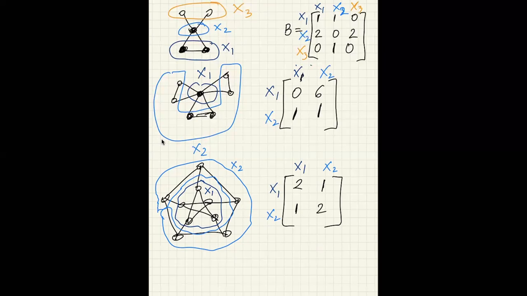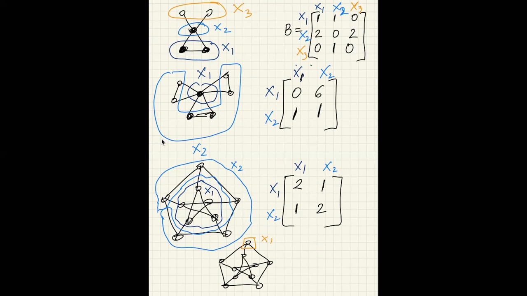There is another one that you can get. Let me change the colors here. You take as x1 one vertex.